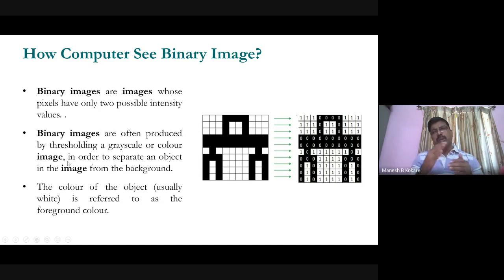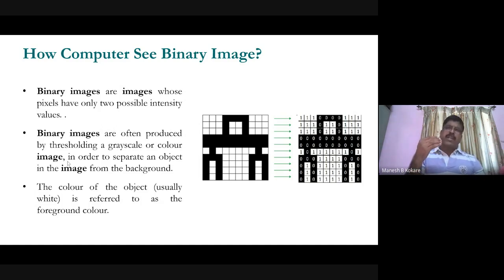You first obtain the grayscale image from the color image, and after that you use a threshold value. Below that threshold value, assign all pixels equal to 0. Above that threshold value, assign all pixels equal to 1. So you get the binary image.